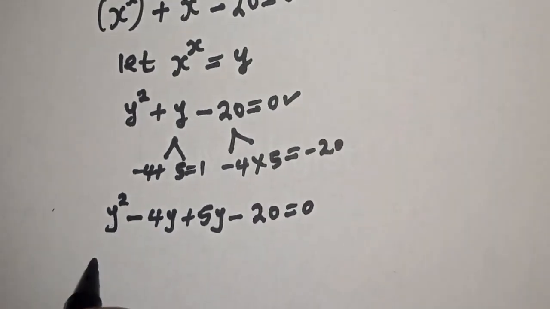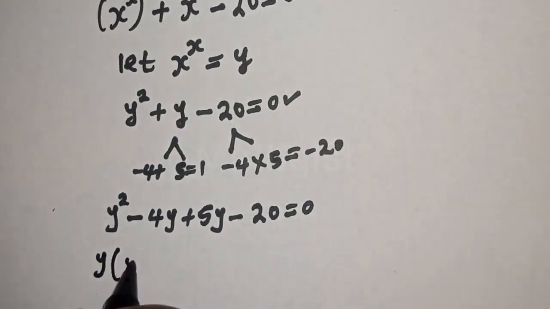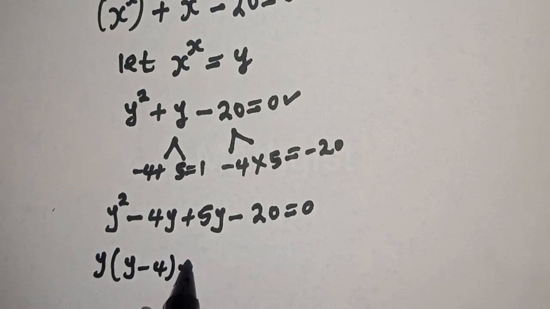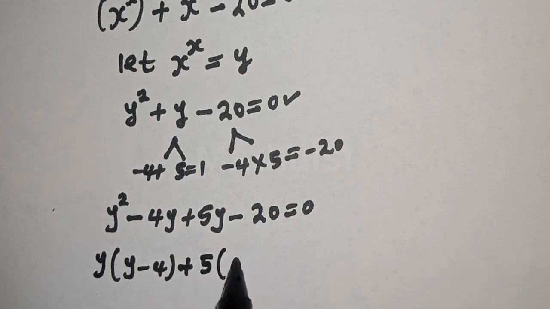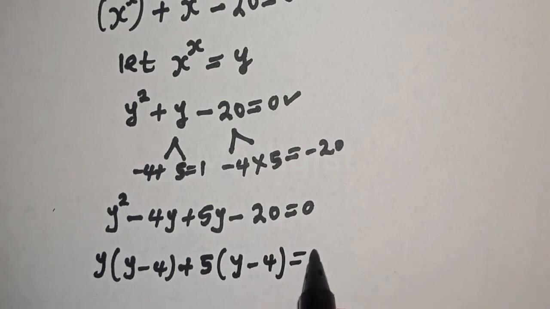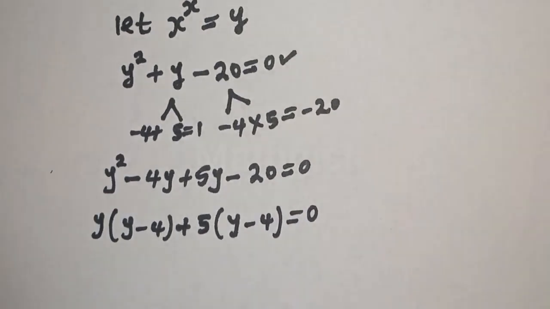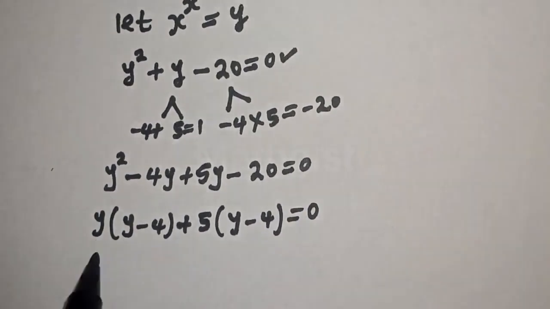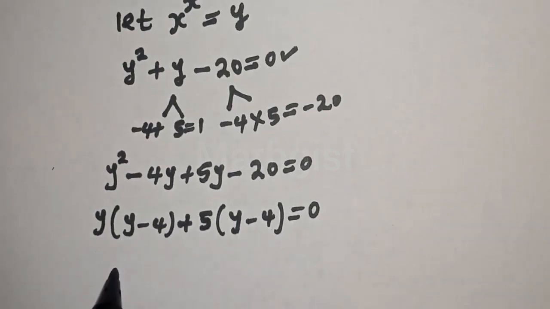y is common here. y bracket y minus 4 plus 5 bracket y minus 4 is equal to 0. Now y minus 4 is common.